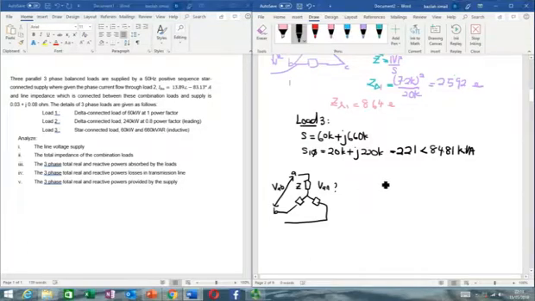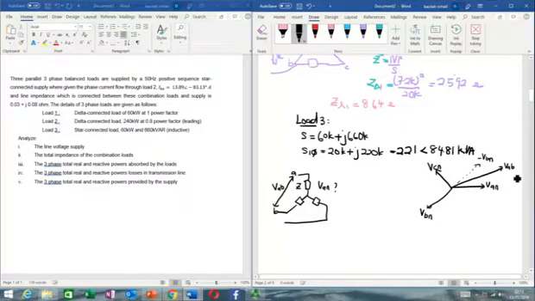For positive sequence, the phasor diagram looks like this: VAN, VBN, and VCN. VAB is between VAN and negative VBN, so VAB is somewhere around here.